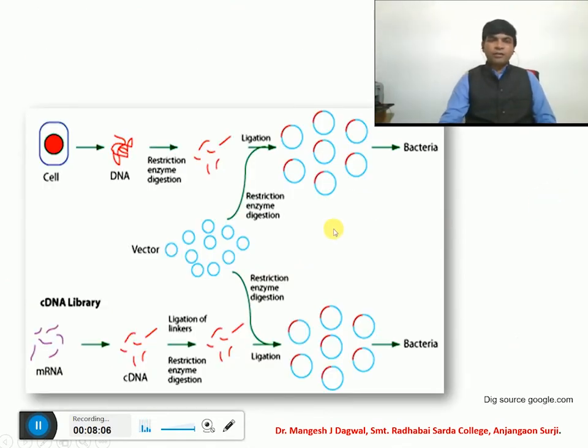Now in this picture we can see how the genomic DNA library is constructed. This is the cell from which the DNA is extracted. That extracted DNA is digested with the help of a restriction endonuclease enzyme, which forms a number of DNA fragments, and these DNA fragments are inserted into the vector.